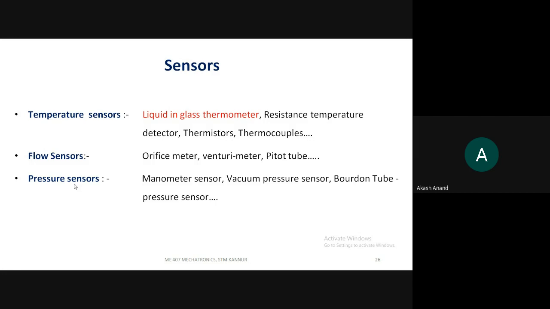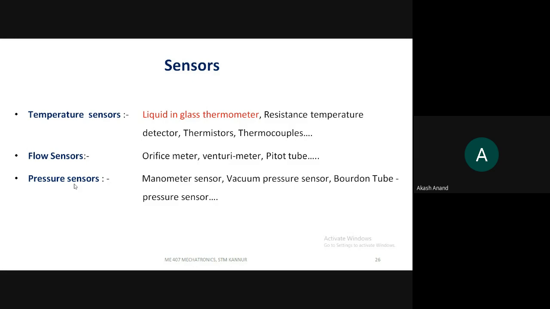If we consider pressure, have you done any experiment regarding the measurement of pressure? I think you already did it in the fluid mechanics lab, but in the case of pressure, there is a difference. We are actually finding a relative measurement with respect to our atmospheric value. So in pressure sensors, we are actually getting a relative value of pressure.